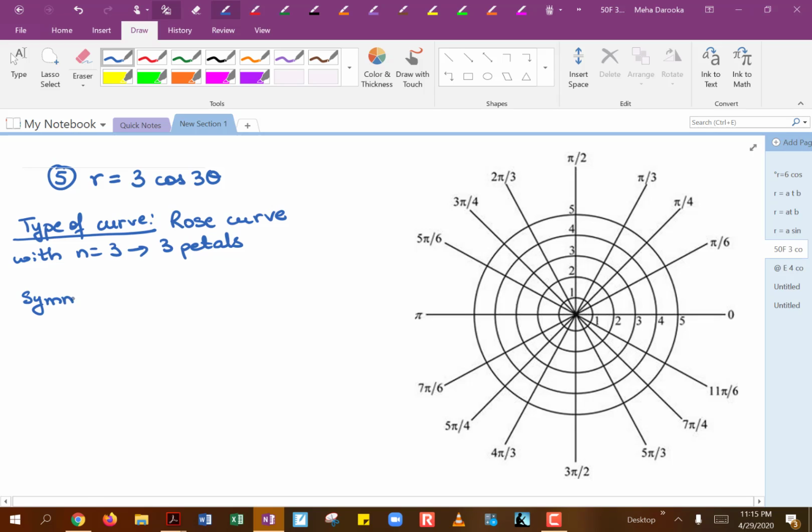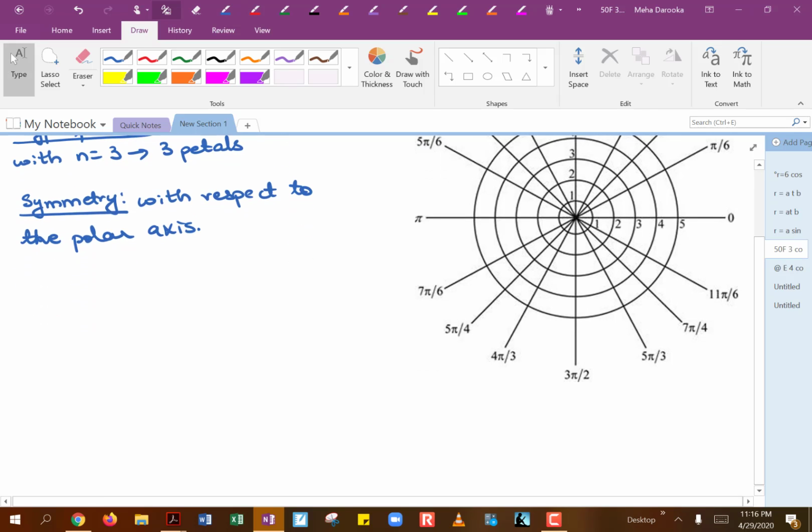Let's talk about symmetry. Now for our function here, we're actually going to have symmetry only with respect to the polar axis, because of course this is a cosine function, so we know cosine functions are going to have symmetry with respect to the polar axis, but none of the other kinds of symmetry.